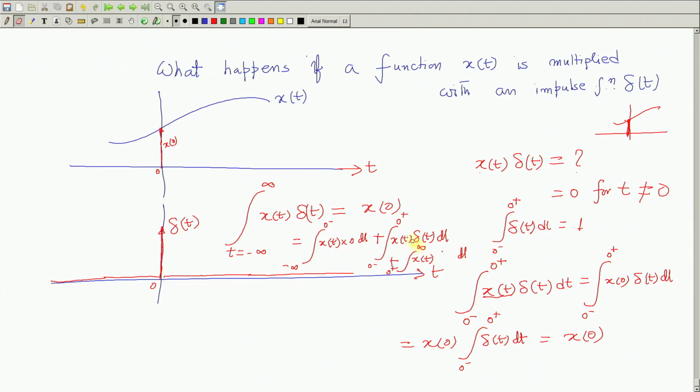So, these two vanish, and you are left with the middle term. So, even if you integrate x(t) delta(t) from minus infinity to plus infinity, this will be nothing but x(0).